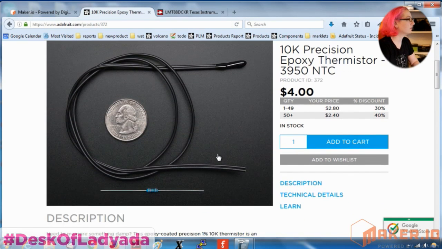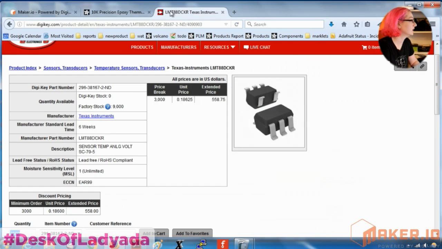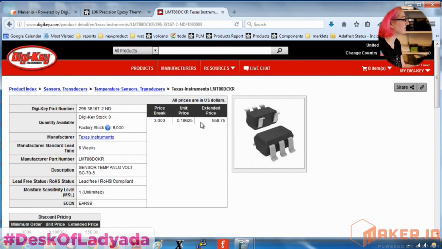If you don't mind doing some math, you can use a thermistor instead, and then you just pair it with a 1% resistor, and you're going to get pretty much equivalent. I mean, thermistors are quite good. You can get very good range. It's not going to be an all-in-one chip, and it's not going to give you a voltage output that's easy to discern. But this is 20 cents, but let's look up thermistors.